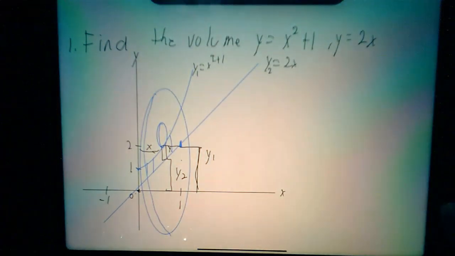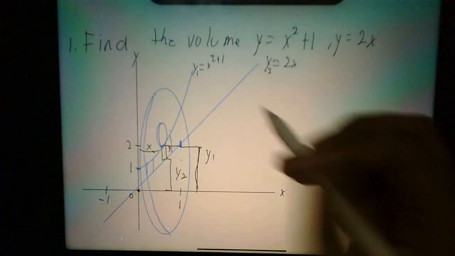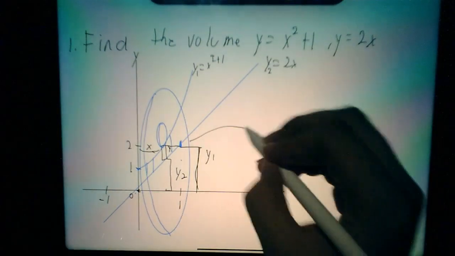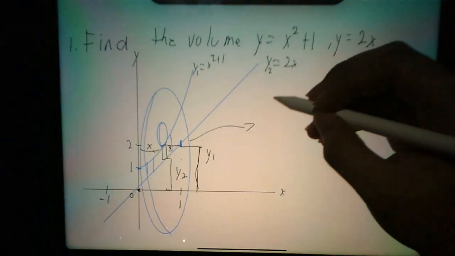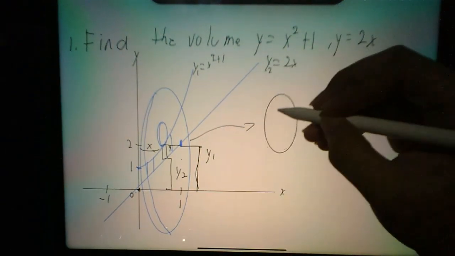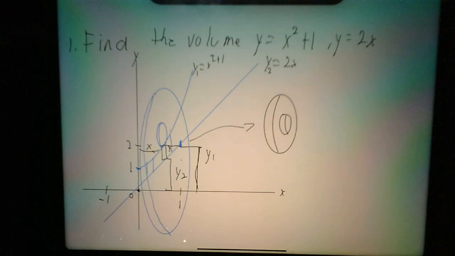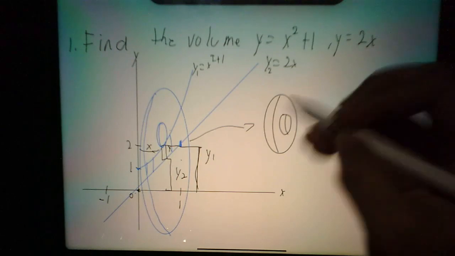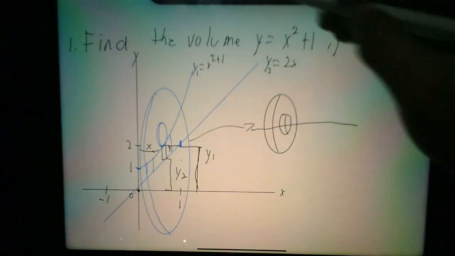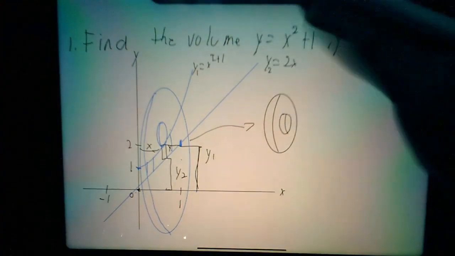The washer method has a hole in the middle. This will become this and this. By inspection, this is our area of rotation.